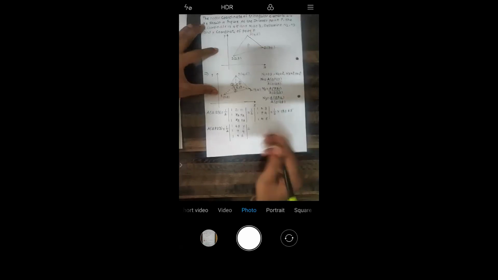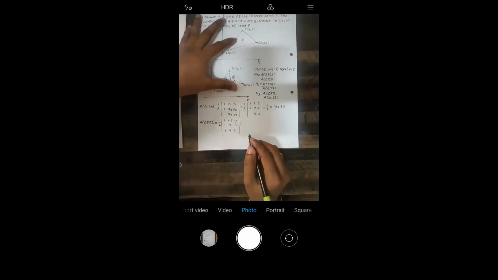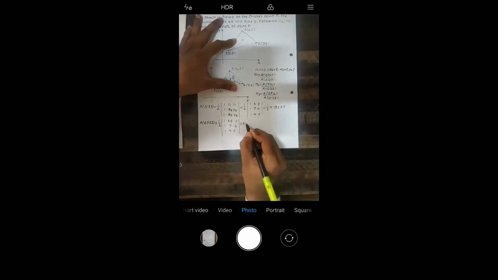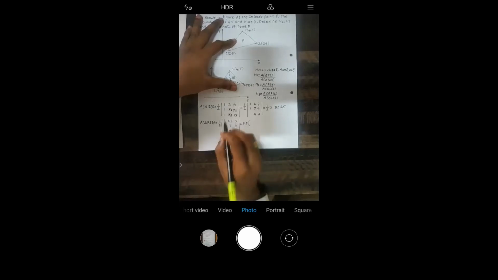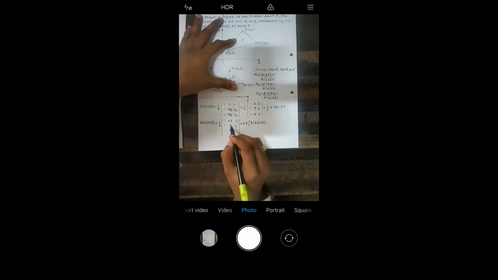So tell me how to calculate. You are not able to calculate this using the calculator, so you need to go manually. Half I will write down as 0.5. 1 I will write down as it is. First row, first column gets cancelled: 7 into 6, what is that? 42. 4 into 4 is 16.